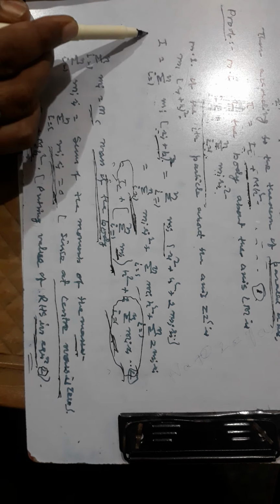This is the left side and this is the right side. In this side you have to put sigma mi xi equal to 0. Then what will you get? You will get I is equal to Ic plus Mh square.